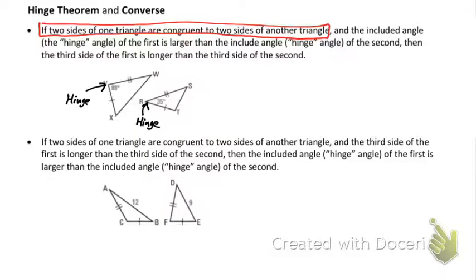Well, angle V, the measure of angle V is bigger than the measure of angle R. So based upon that hinge theorem, the side opposite our hinge, which would be WX, it shouldn't have a line on it, but will be bigger than ST.